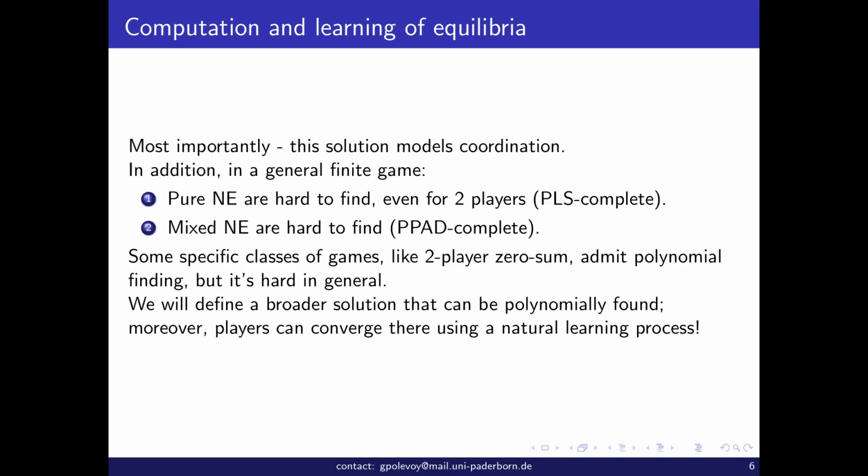And first, let us mention a little bit more about computation and learning of equilibrium. So the main part is that you want to model coordinated randomization. Not only are we not talking about how to define stability, we're talking about which profiles we are looking at.